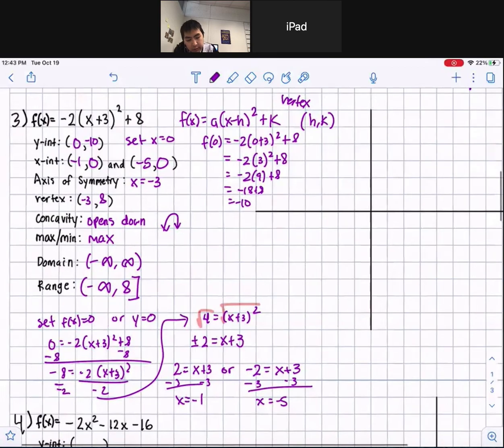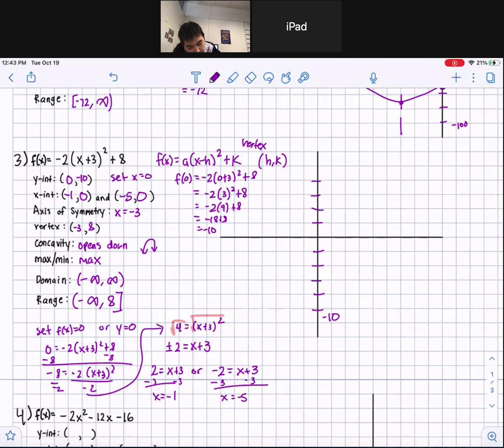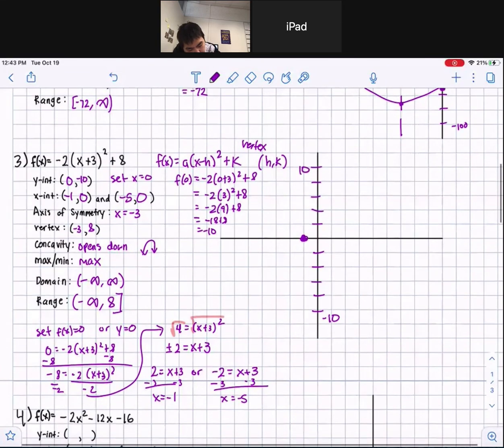Now let's actually graph this, right? (0, -10). I'll just do these by 2's. So x-intercept, (-1, 0). 1, 2, 3, 4. (-5, 0).